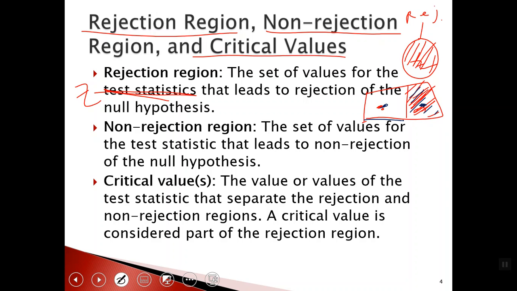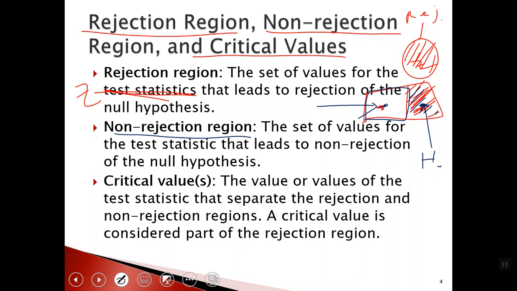Then what is this other area? This we call the non-rejection area or non-rejection region, which leads us to not reject our null hypothesis. So any value inside the rejection area, we reject our null hypothesis. What we should do? Reject our H naught. Any value here, we do not reject our null hypothesis. Clear? I'll show you more examples in the upcoming slides.